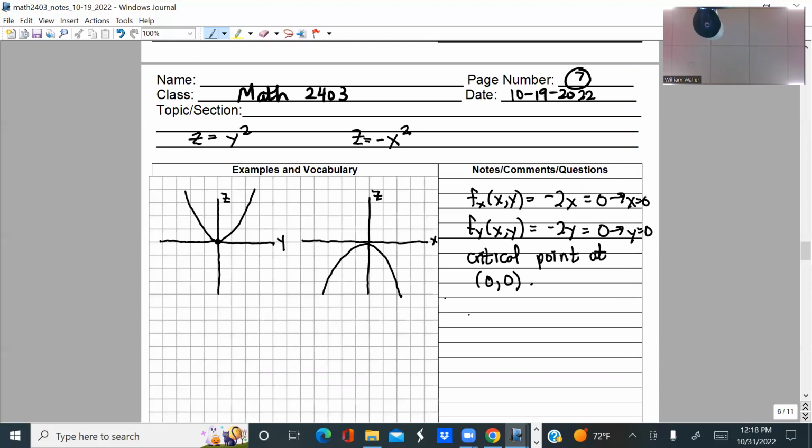So I need to calculate f_xx, the second partial derivative with respect to x twice. That's so easy. What's that going to be? -2, right? And what is f_yy going to be? Also -2? Oh, did I do it wrong?